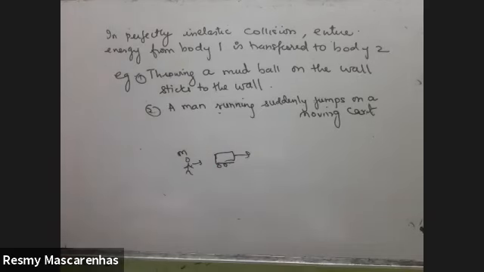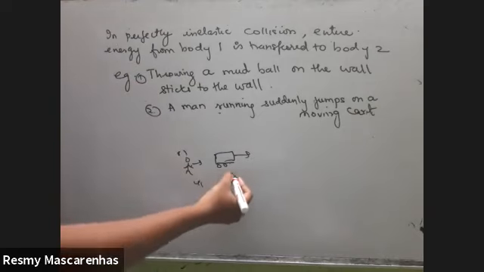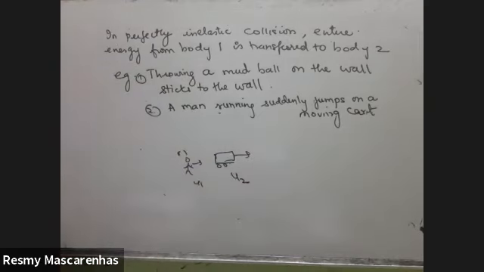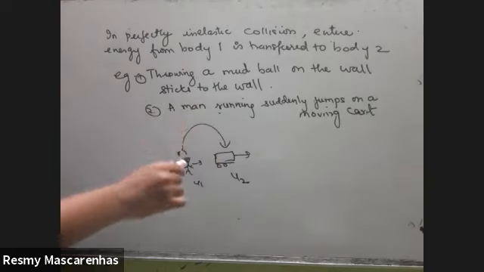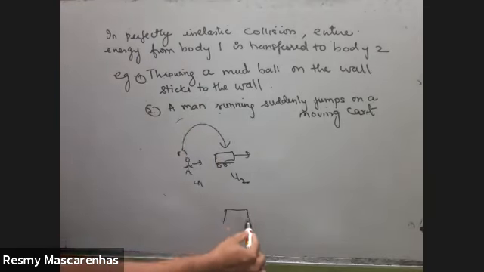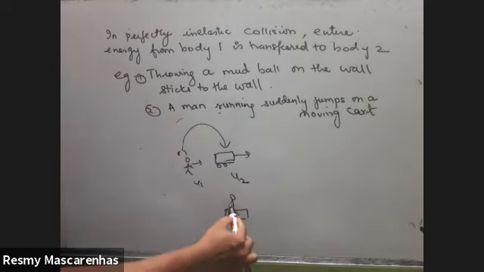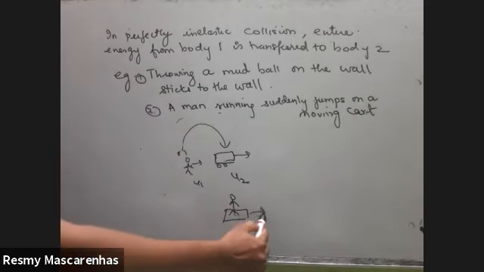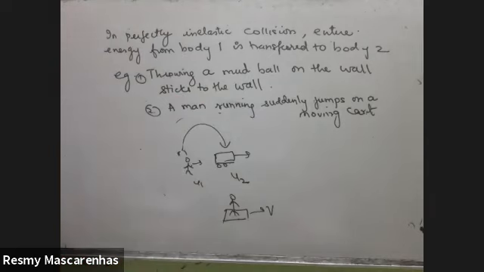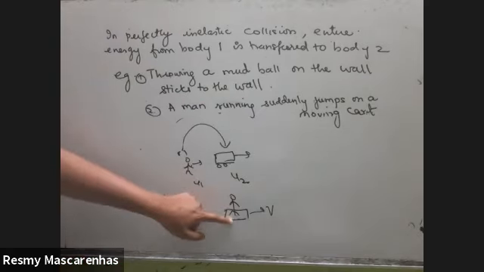This one is also having some velocity, this one is also having some velocity. Now he suddenly jumps. Once he jumps, he comes on the cart and he's standing there. Now both are moving at the same velocity, that is v. So what happened basically? He transferred his entire energy to the cart.